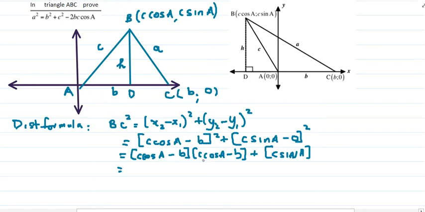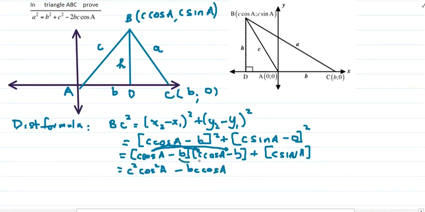So c cos A times c cos A is c squared cos squared A. Now c cos A times minus b is minus bc cos A. So we have finished multiplying by the first term.